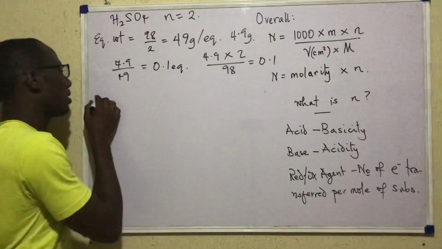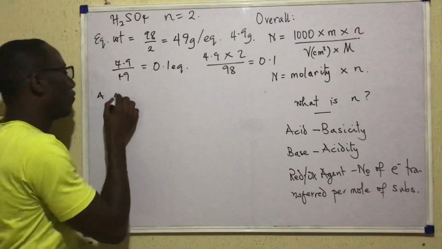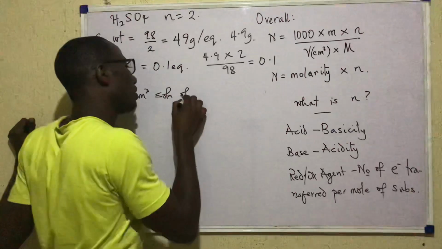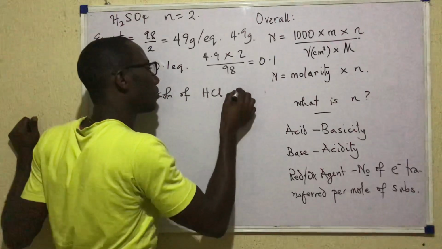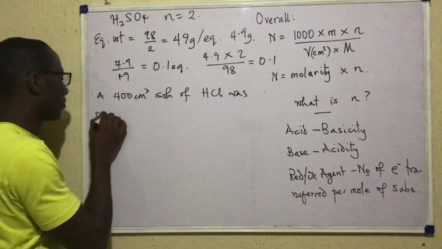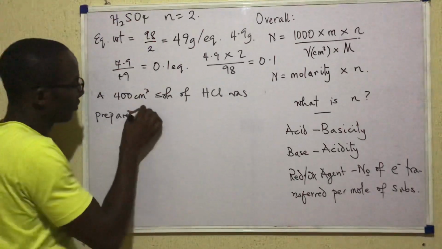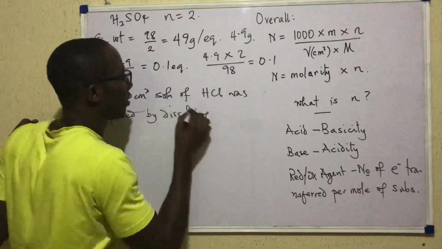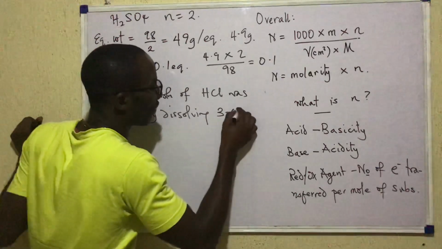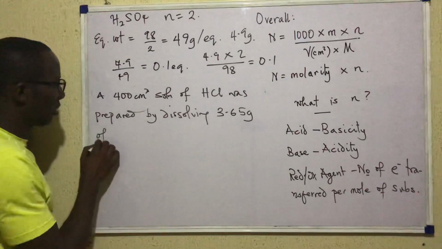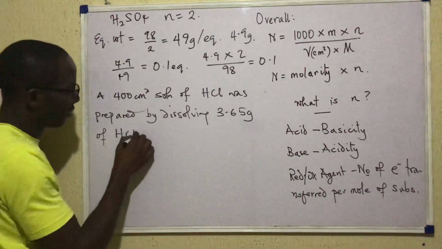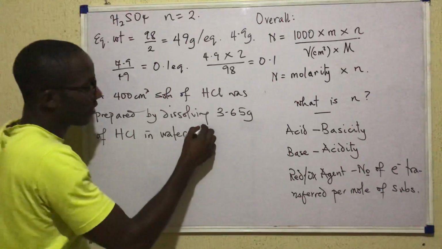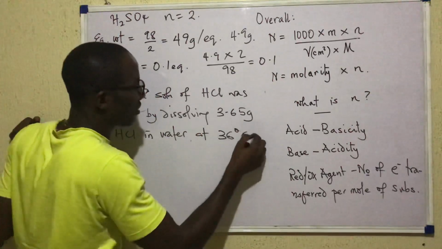This question says a 400 cm cube solution of HCl was prepared by dissolving 3.65 grams of HCl in water at 36 degrees Celsius.